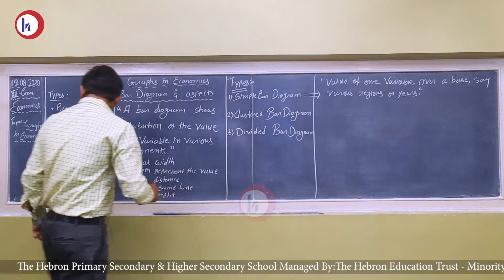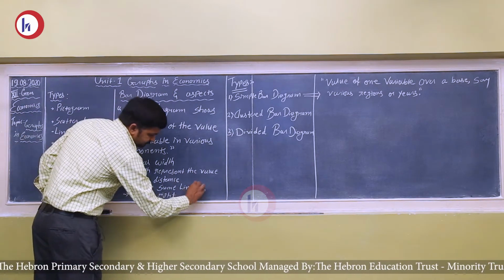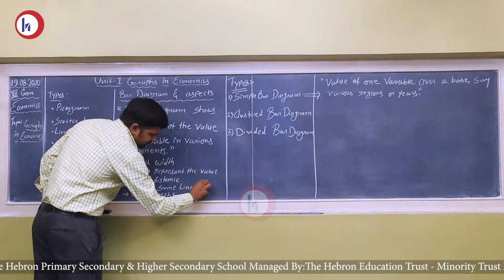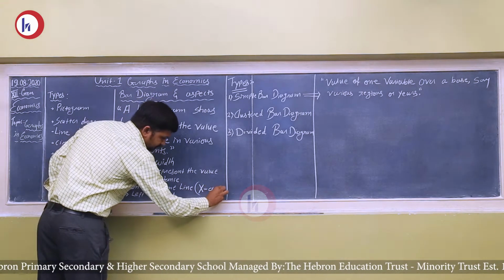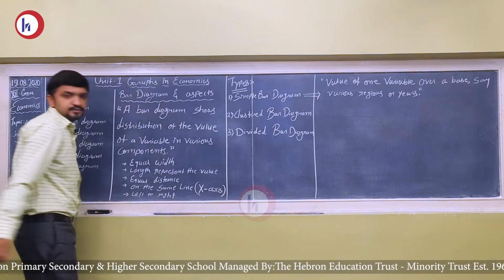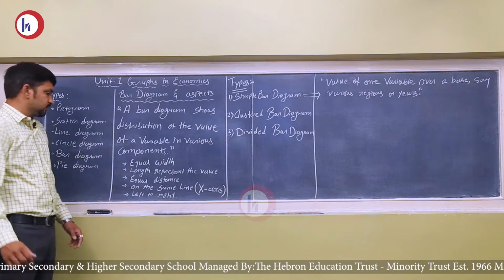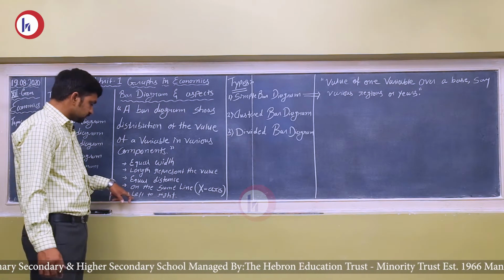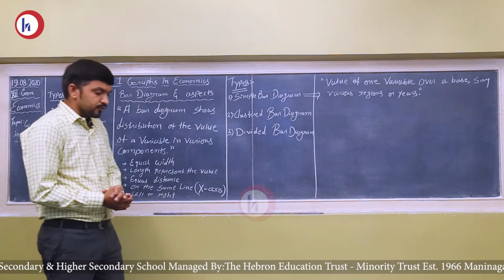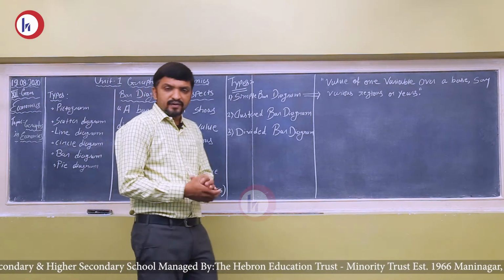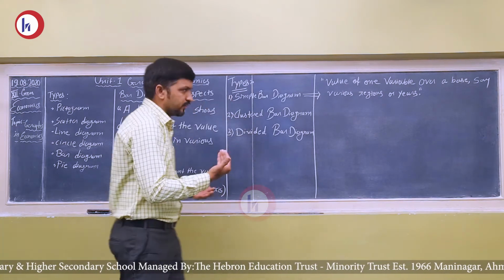So, let me clear here that when I have written on the same line, I mean that on x-axis. Now, left to right. Left to right means when you draw a bar diagram, look at the board from your side.